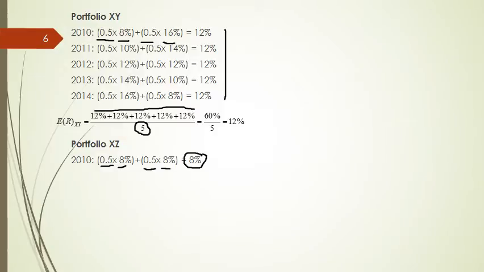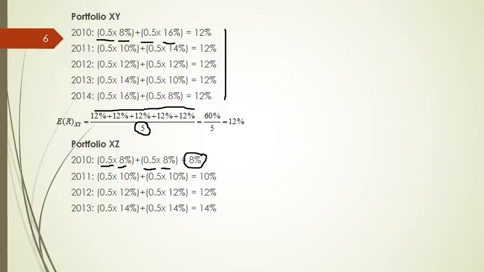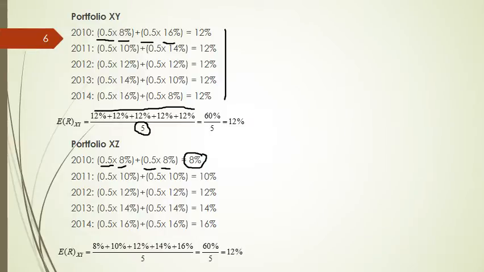The same procedure applies for 2011, so we have 10%, then 12% for 2012, 14% for 2013, and 16% for 2014. Again, we need to calculate the overall expected return for these years, so we find the average.